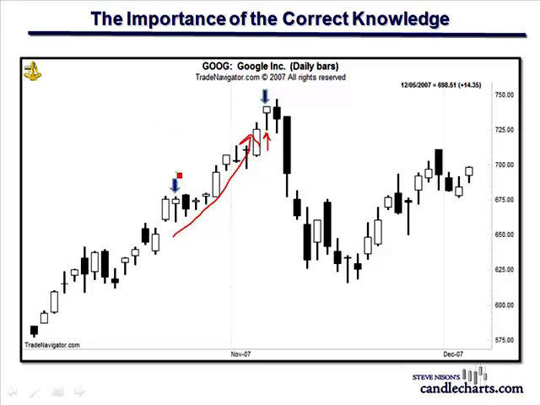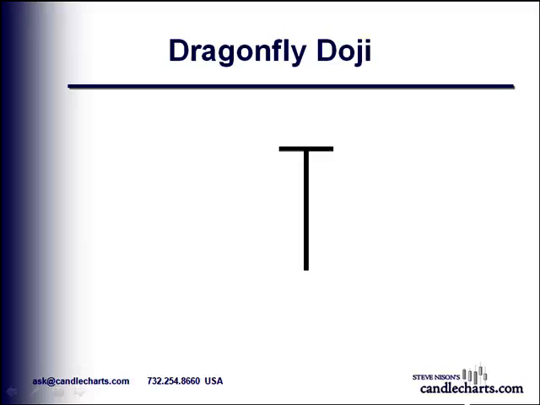Okay. Now, the low in Google that we had back in mid-November, that was a hammer. In fact, if the hammer line is a doji, you see there is no real body. There's a doji over here. That's actually called a Dragonfly Doji.